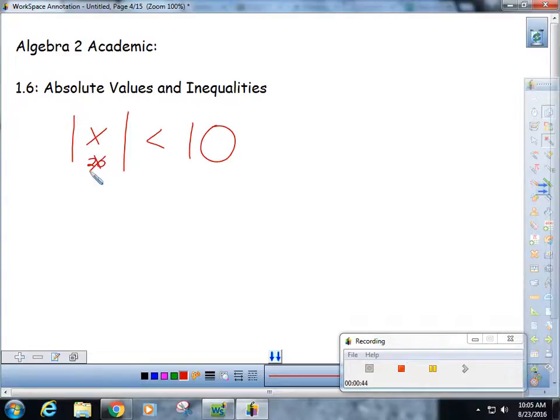No. What about negative 20? No. What about 6? Yep. What about negative 6? Yep. So maybe you're thinking that it would be easier to describe these with a graph. And you'd be right. And that's what the answer will look like. That's what we're going to get to, okay?